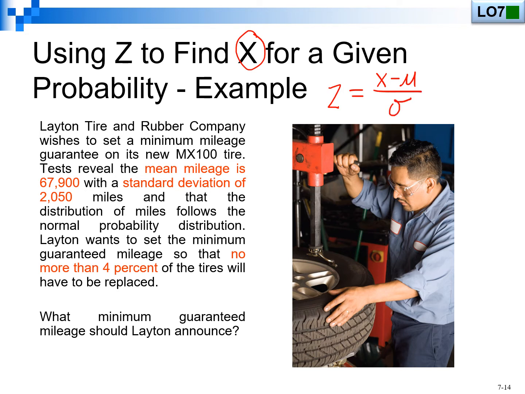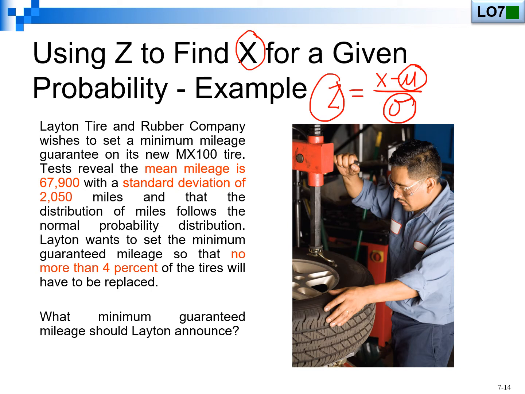So what will happen is basically you'll be given the z-score, you'll be given the mu value, and you'll be given the sigma, and then you'll basically just have to use some basic algebra to plug it into this equation to back into x, which is going to be your unknown. So what will happen is to get the z-score, they typically like to give you some sort of percent or some sort of area.